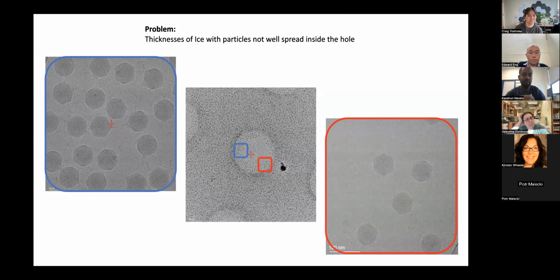So the virus is a particle that has a size between 25 to 100 something nanometers, and this makes us find thicker ice compared to the other small complex proteins. So most of the time we have a lot of particles inside of the carbon, but not well spread inside of the holes. So this is the kind of image that we always have with differential position of the particle.